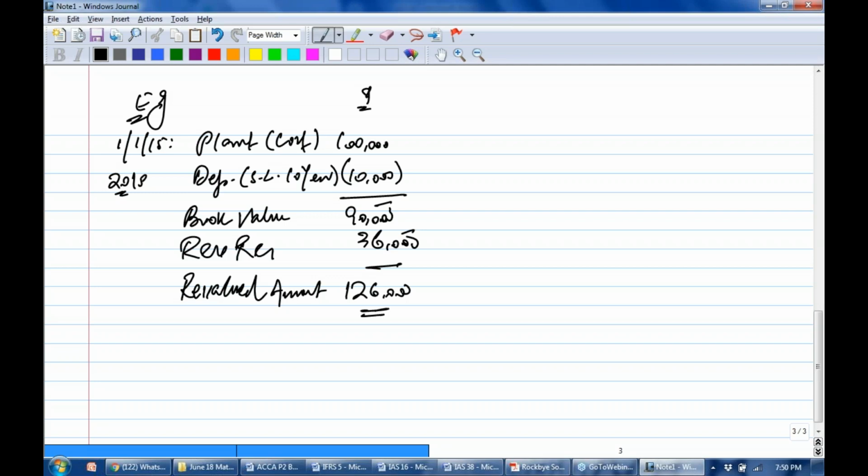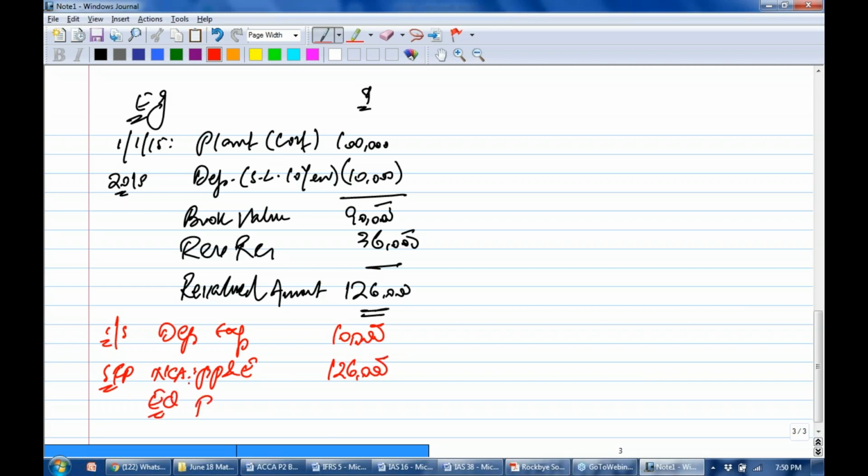Number one, in the income statement we have charged the depreciation expense 10,000. Number two, statement of financial position, non-current asset, property, plant and equipment, that is 126,000. And then equity, revaluation reserve equals 36,000.